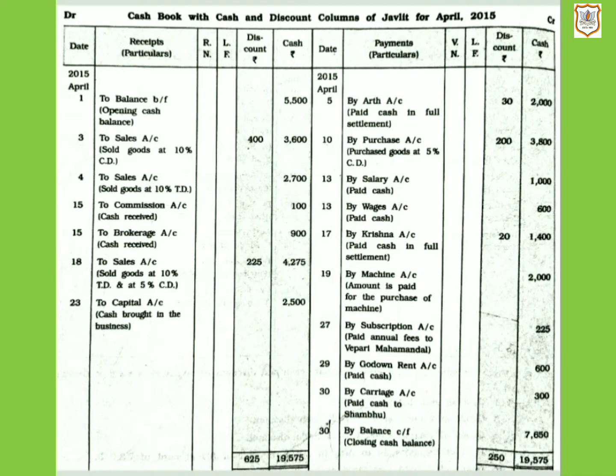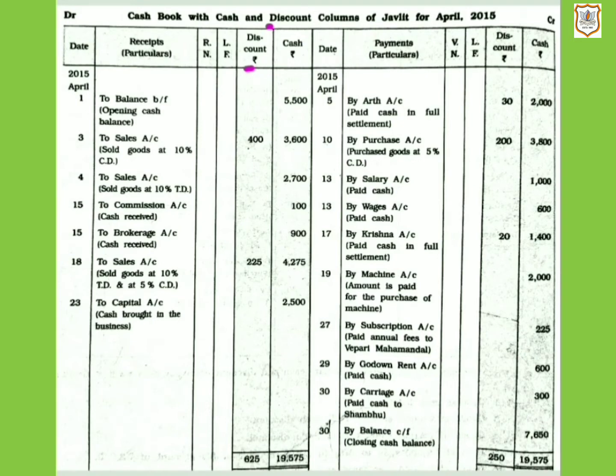But we will not record whole amount, that is 4,000, because we are giving discount to our customer, that is 10%. So 10% of 4,000 is 400. This is discount allowed, for which we have prepared separate column, that is discount allowed column, which you can see here on left hand side on debit side. So as for discount, we use the rule of nominal account, which says debit all expenses and losses and credit all incomes and gain. And here we are giving discount.